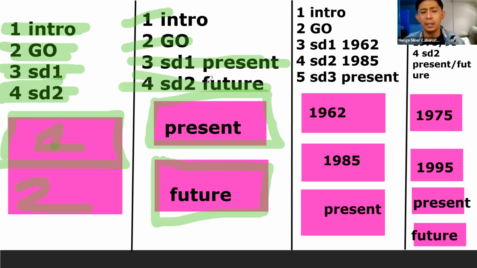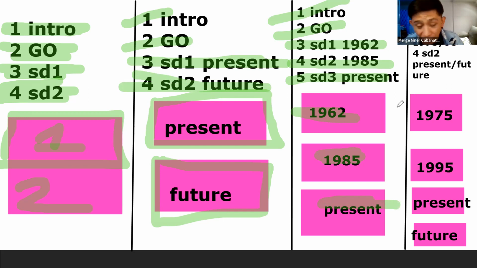Now, what if you see something like this? You have a map of 1962, 1985, and the present. So I will devote a paragraph for introduction and general overview, which is always included by default. Then the third paragraph for 1962, fourth paragraph for 1985, and fifth paragraph for the present. Now, sir, what if I have 4 maps?